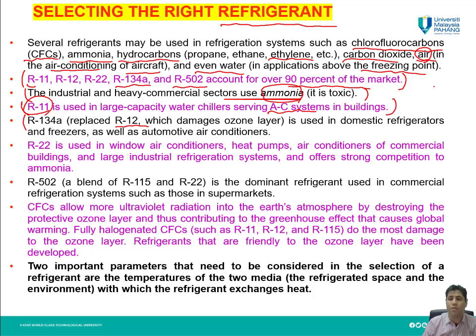You know, ozone is O3, a gas in the atmosphere which absorbs the ultraviolet rays from the sun, and it protects the earth against the ultraviolet radiation of the sun, actually.